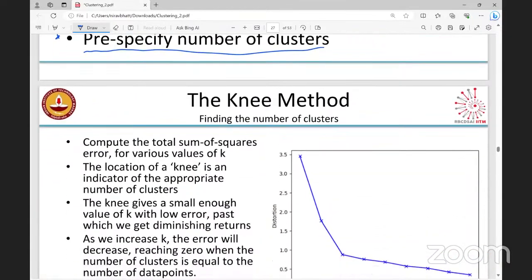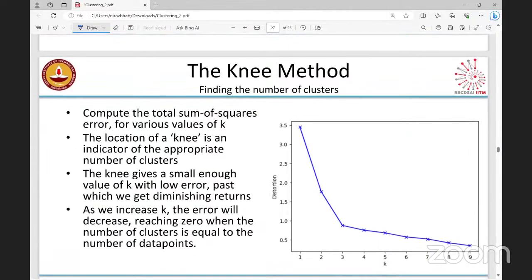So someone said, okay, I can do something about it. I will find the number of clusters by using something called the knee method, where I look at a metric called the distortion metric and try to see how much distortion is happening in my data with change in the number of clusters.